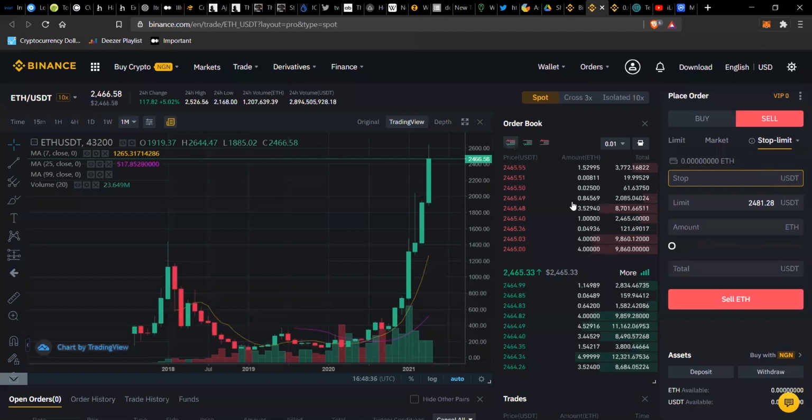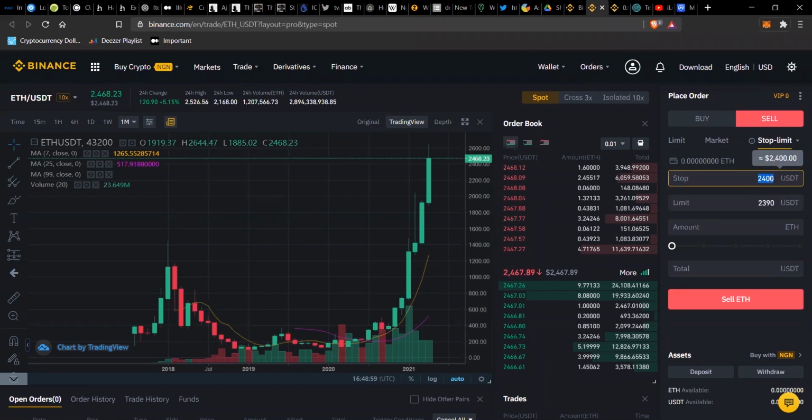So now this coin is currently trading at 2466. But I want a situation where if this coin falls to 2400, it automatically sells at, let's say, 2390. Now you have to give a small margin between the two. The stop is like the trigger price.